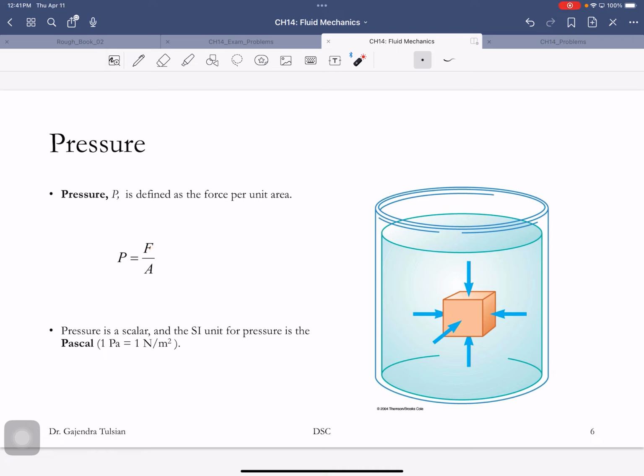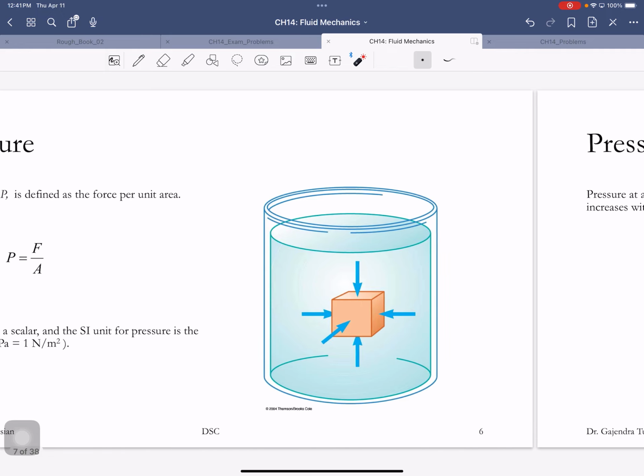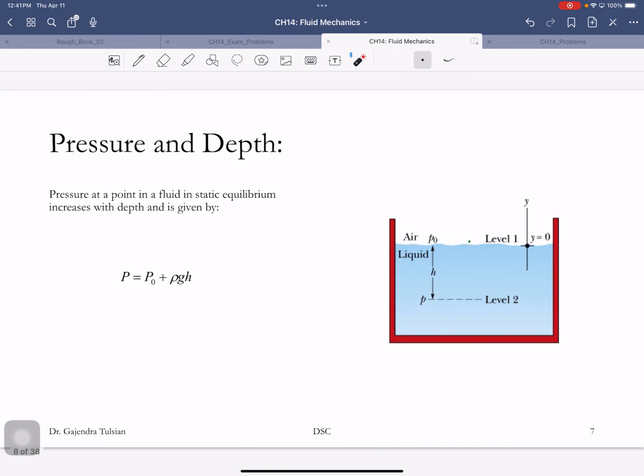What is happening is these liquid molecules are bouncing off the face and exerting a force on it. Similarly, atmospheric molecules are bouncing off the surface and exerting a force on the surface, and that's atmospheric pressure, denoted by P naught. How large is atmospheric pressure?